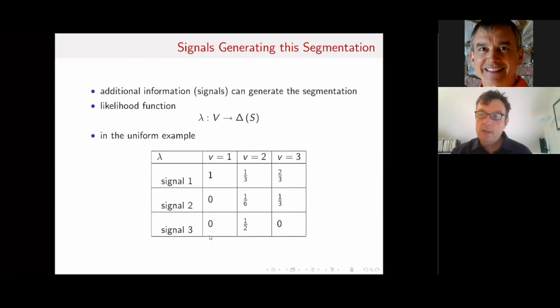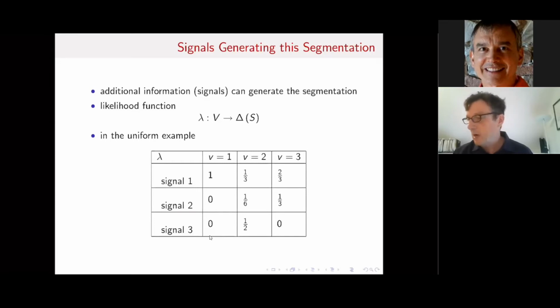I started the talk by saying, what's the impact that information can have on price discrimination? So you rightly could ask me, well, how is it that we can attain that segmentation through some signal, some additional information that we could give the seller? Okay. And for every segmentation, I can indeed find an information structure or a likelihood function that provides enough information that the conditional distribution of values is in fact equal to the segmentation that I claimed it to have.